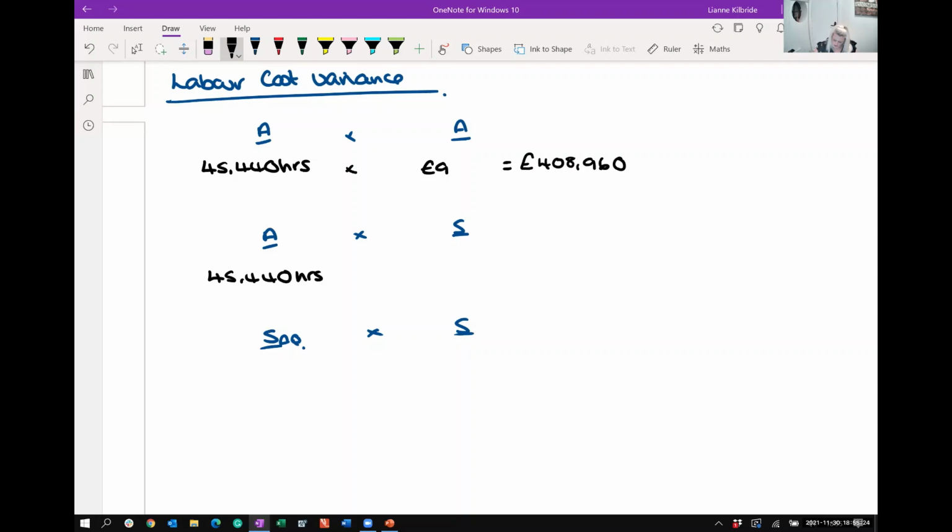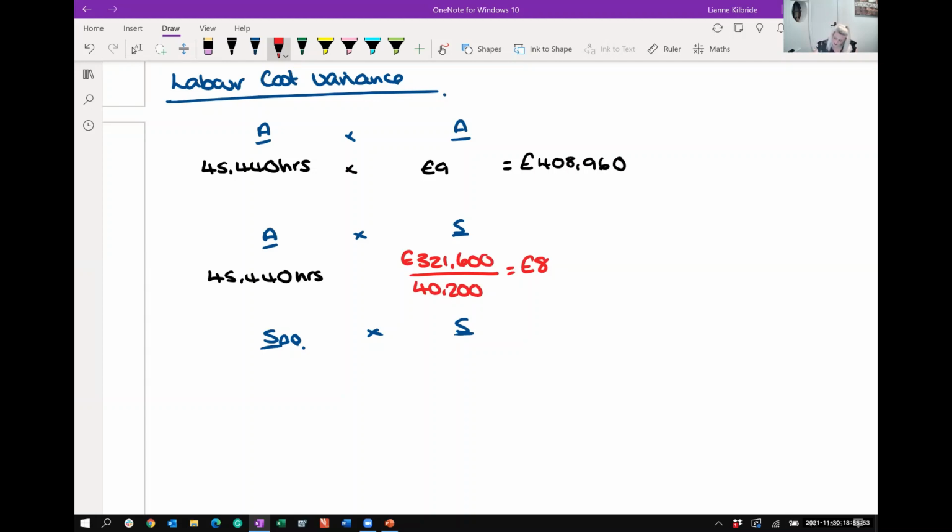Okay, let's have a look at what our standard cost is. Our standard cost therefore is the cost of what we're doing that in red, sorry, 321,600. Divide that by the hours of 40,200. That gives us a budgeted cost of £8 per hour.